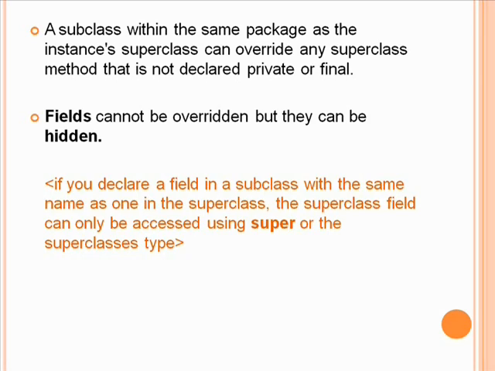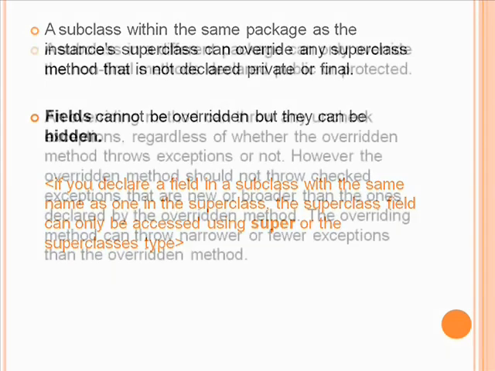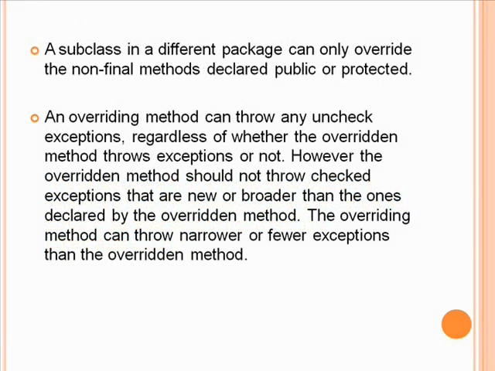If you declare a field in a subclass with the same name as one in the superclass, the superclass field can be accessed using super or the superclass's type. A subclass in a different package can only override the non-final methods declared public or protected.